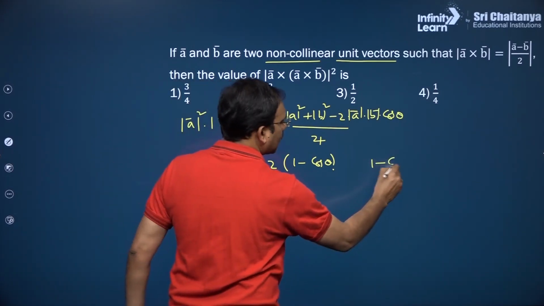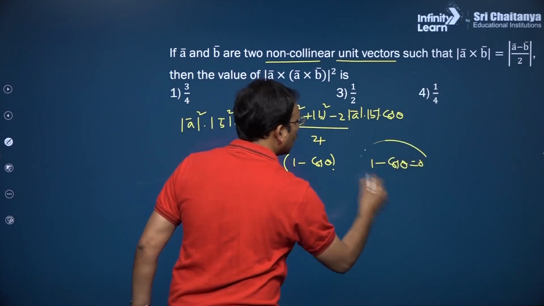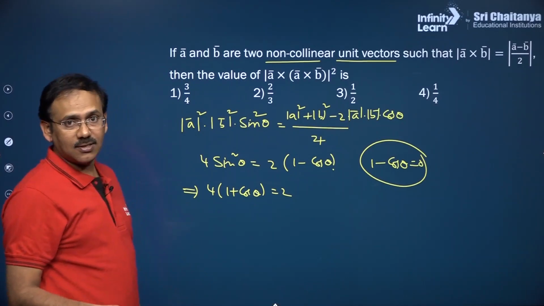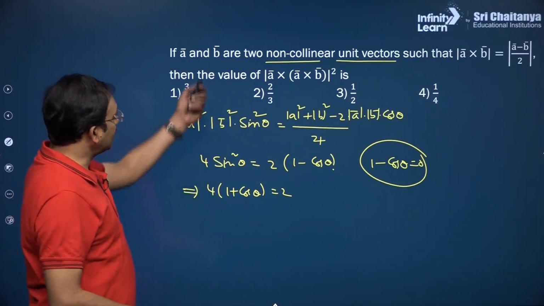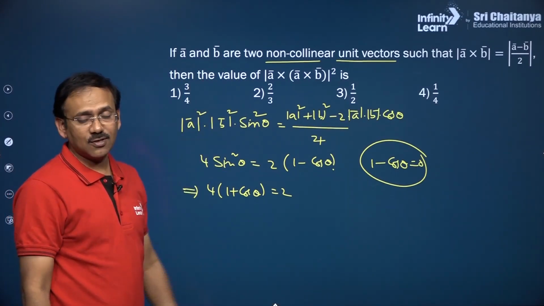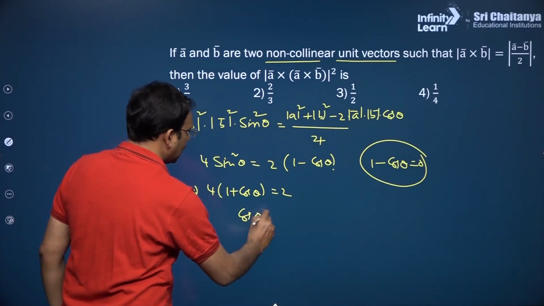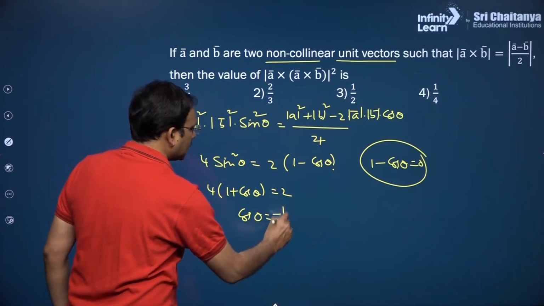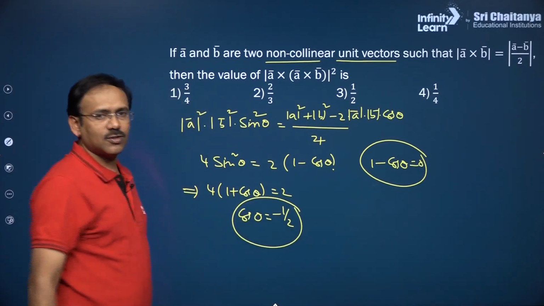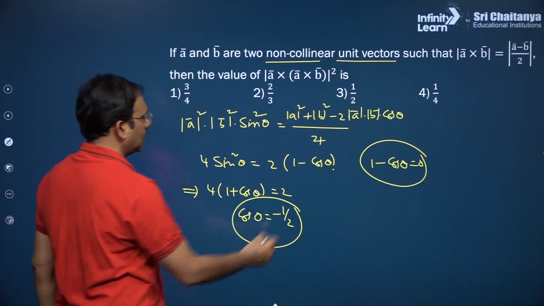Because 1 minus cos theta is equal to 0 is another solution, that is cos theta is 1, theta is 0, but they said non-collinear vectors. So theta is equal to 0 is not admissible. So from this, my dear friends, cos theta is equal to 1 by 2 minus 1, which is minus 1 by 2. So we can say theta is 120 degrees, right?